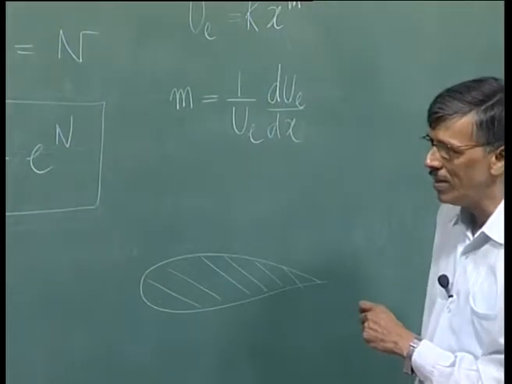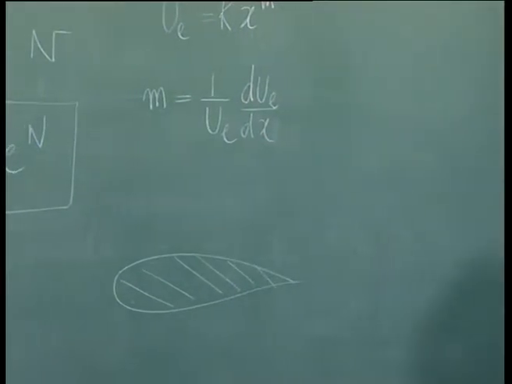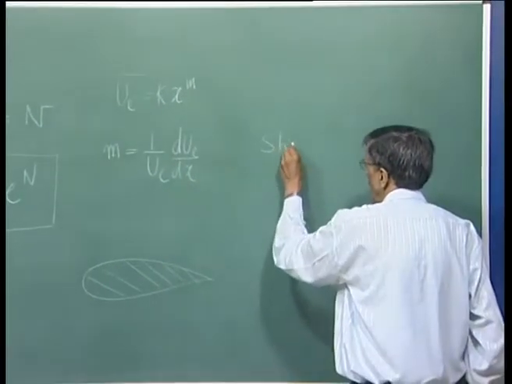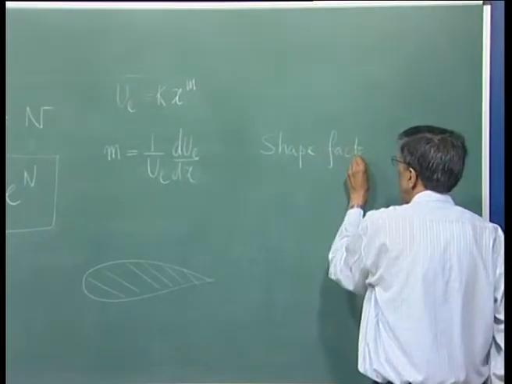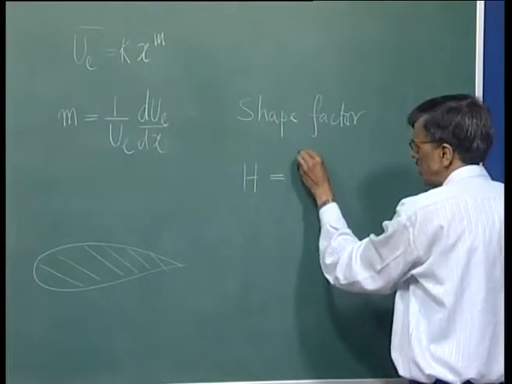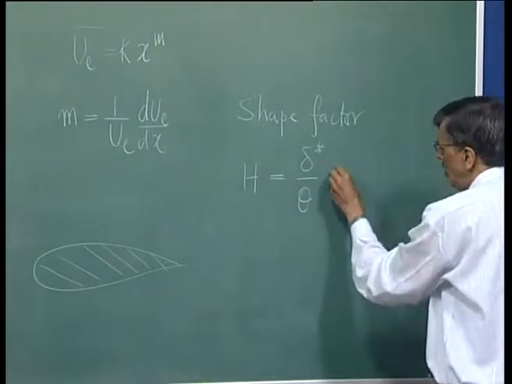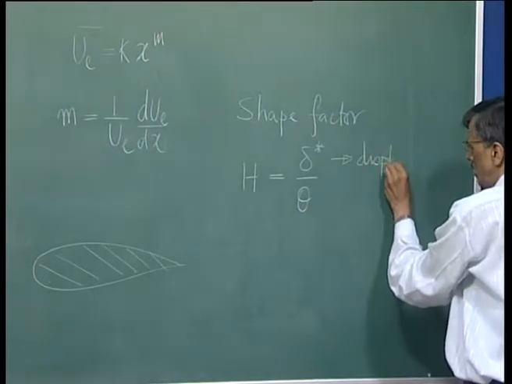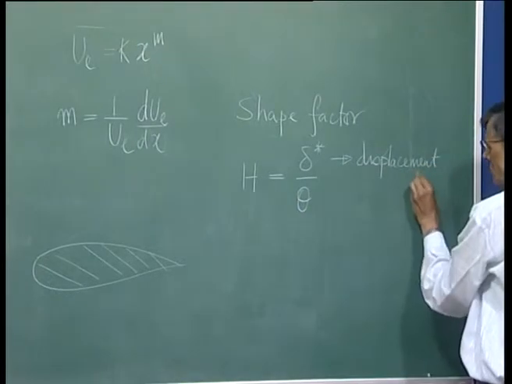Okay. Now, there is another quantity that is of great significance in boundary layer theory, called the shape factor. Shape factor is called H, which is nothing but delta star by theta. Well, this we have already identified as displacement thickness.